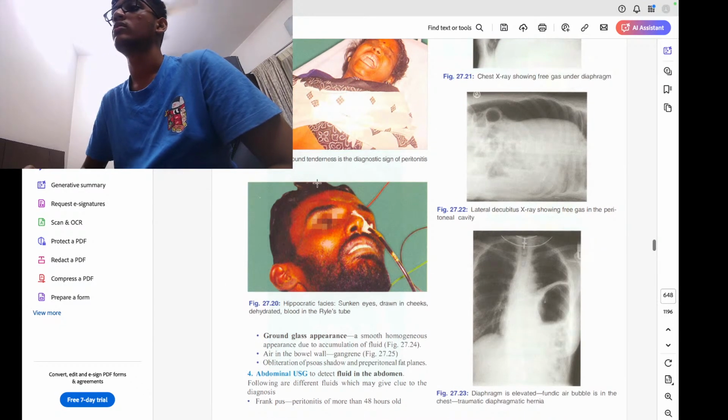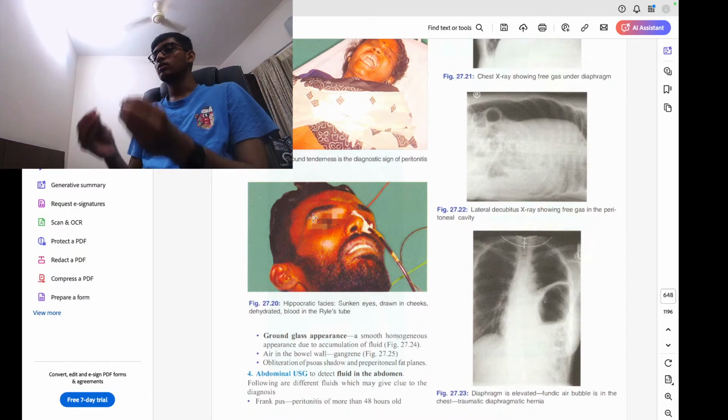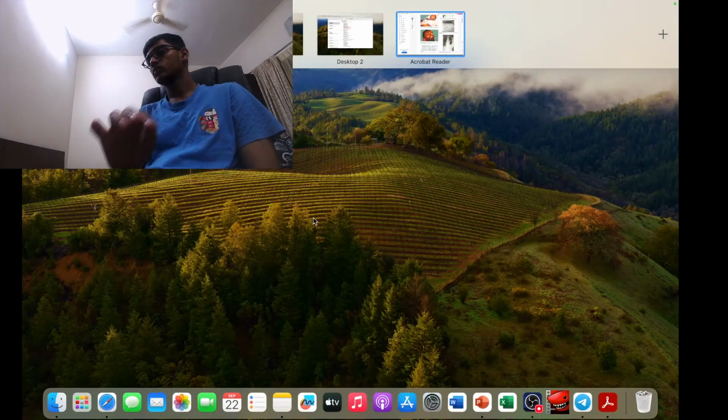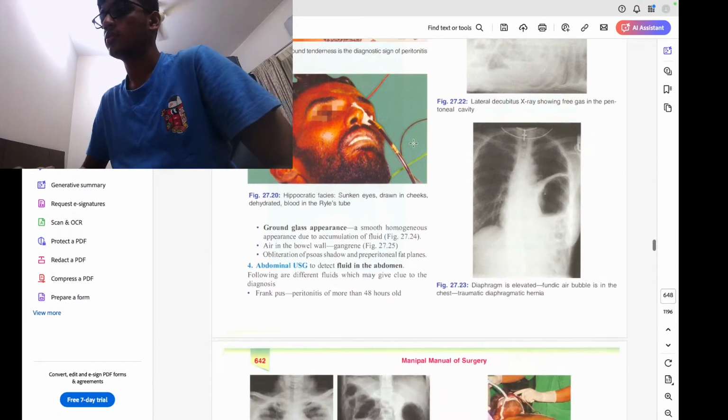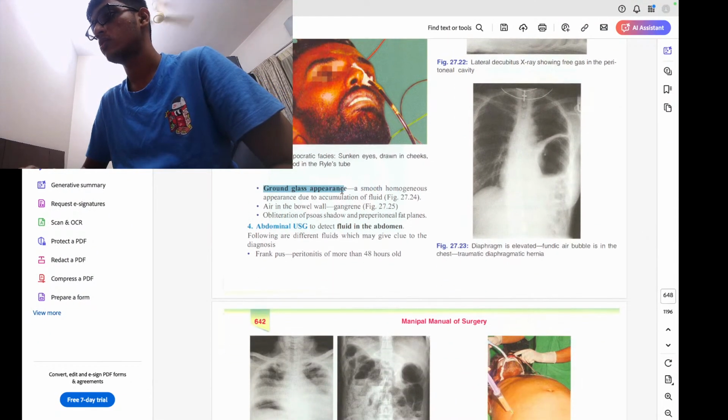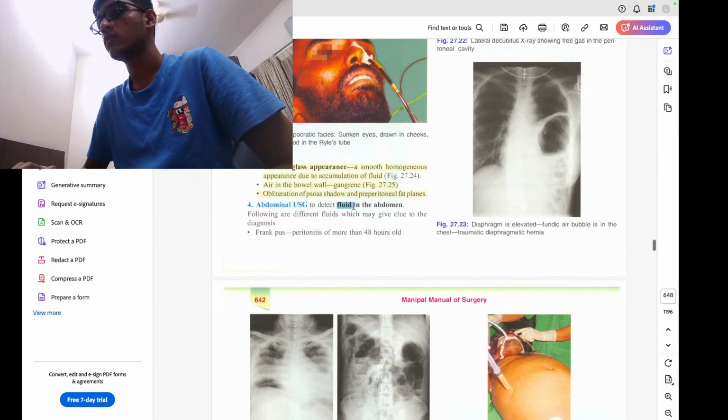Report analysis and diagnostic signs of peritonitis and Hippocratic facies. Ultrasound shows fluid accumulation, thickening in the bowel wall, gangrene. Ultrasound can detect fluid in the abdomen.